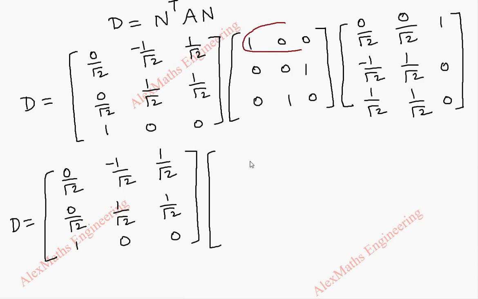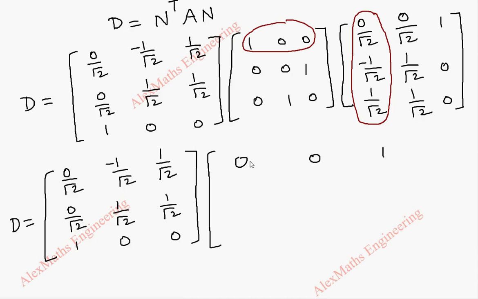We take the first row and the first column and multiply corresponding elements. So this will be 1 into 0, 0, then everything is 0. Then the first row with the second column, again 0, 0, 0. So everything is 0 and the last will be 1 into 1 alone.